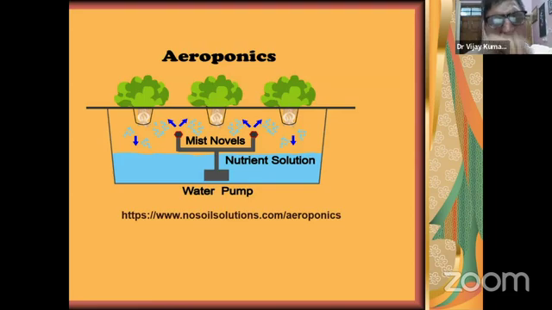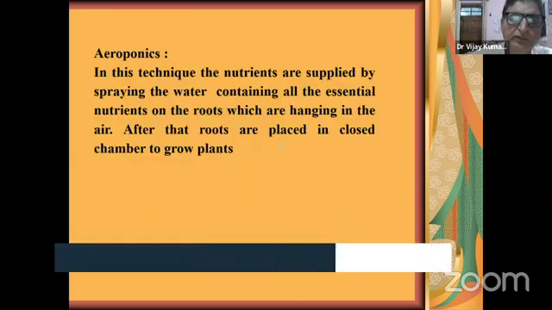The mist is formed and then sprayed onto the roots. It gives a very good result if you want very high biomass production, like growing a mini tuber for seed production. So this is the new method of application of nutrient.